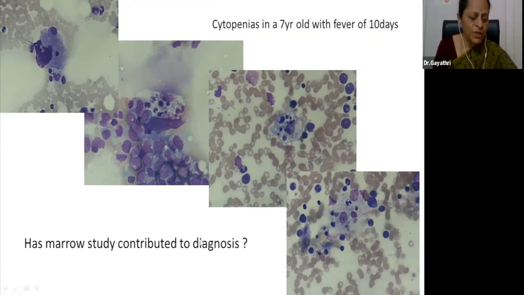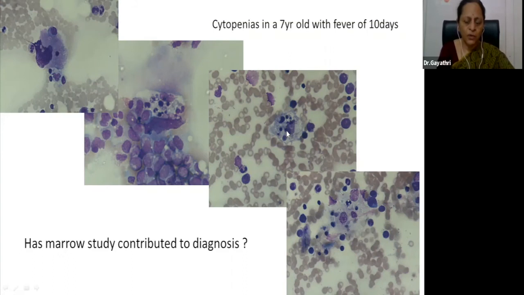So has marrow study contributed to the diagnosis? Absolutely. Even before all the other criteria, biochemical parameters like prothrombin time, fibrinogen, ferritin, LDH, cholesterol, triglycerides, all these values arrive from the biochemistry laboratory, you can give a diagnosis that can be life-saving for this child.